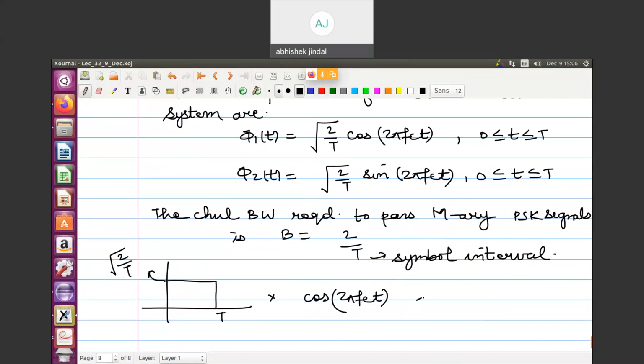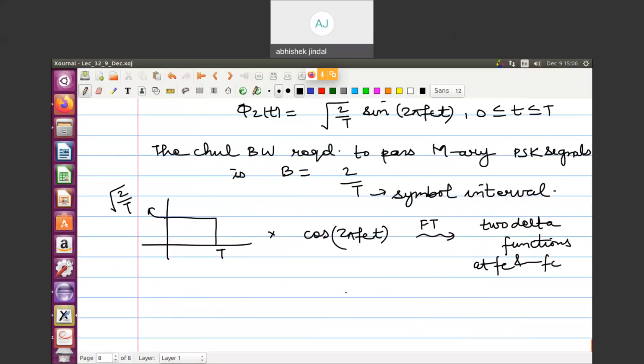Now, in the frequency domain, if I talk of the Fourier transform, then this is two delta functions at fc and minus fc. On them, two sinc functions.